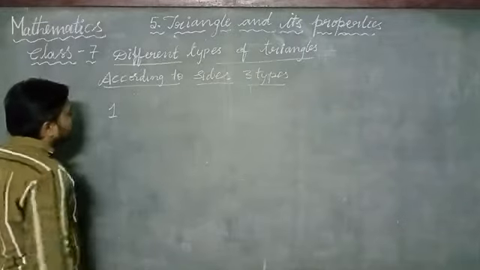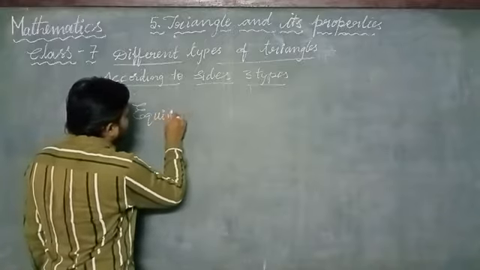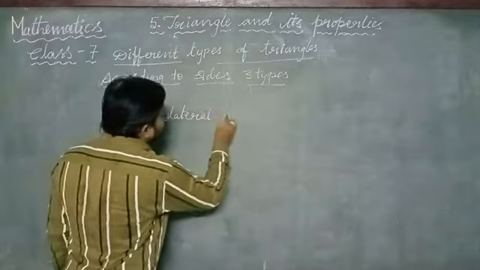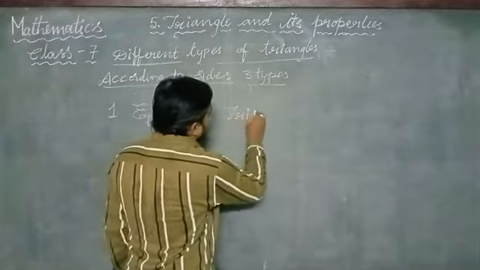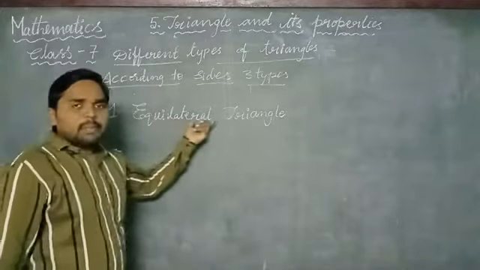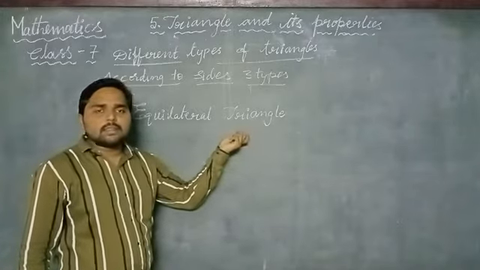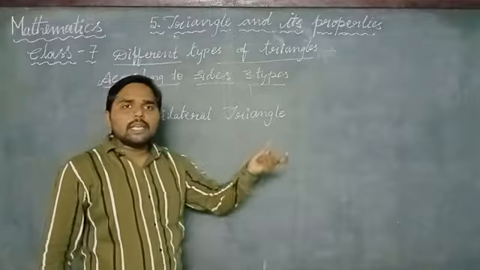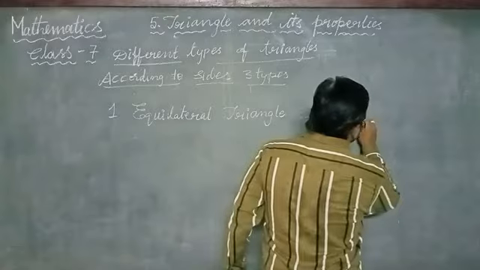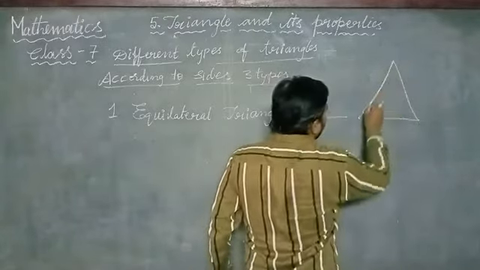Now let us see the equilateral triangle. An equilateral triangle means the triangle which has all equal lengths of sides. This is an example of an equilateral triangle.